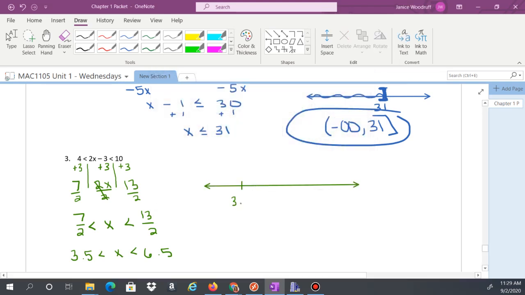Here's 3.5, here's 6.5, and it's in between. And it's less than, so it gets parentheses. So that's what our graph would look like. And then interval notation would just be parentheses, low number, comma, high number, parentheses.